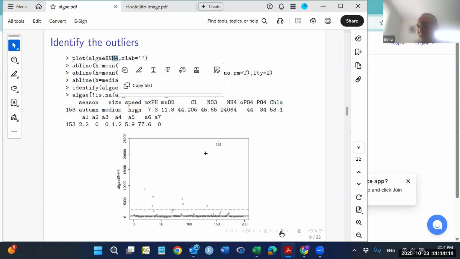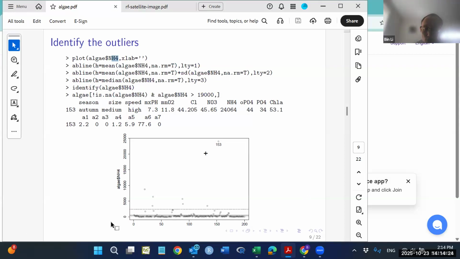The x-axis is the ID, from the first observation to the 200th observation. We have 200 observations in the training set, so these are the ID numbers. When we plot the NH4 values, you can see we have some extreme large numbers. It doesn't show the ID number unless you use the identify function.